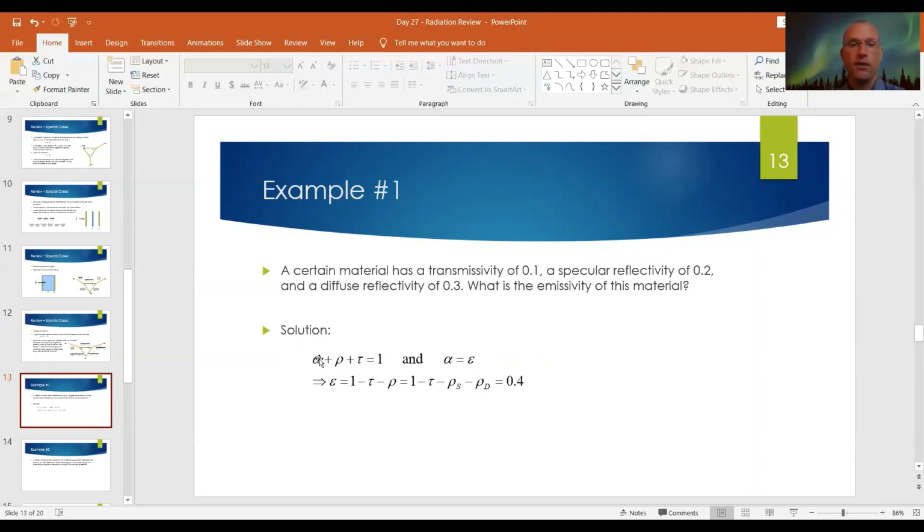I'm trying to find the absorptivity or emissivity. So emissivity is just 1 minus transmissivity and reflectivity. So 1 minus the 0.1, the 0.2 from the specular part of reflection, and 0.3 from the diffuse part, leaves me with 0.4 for the emissivity of this object.